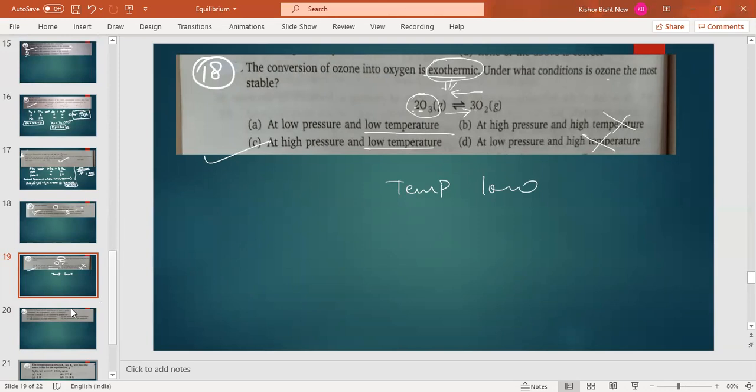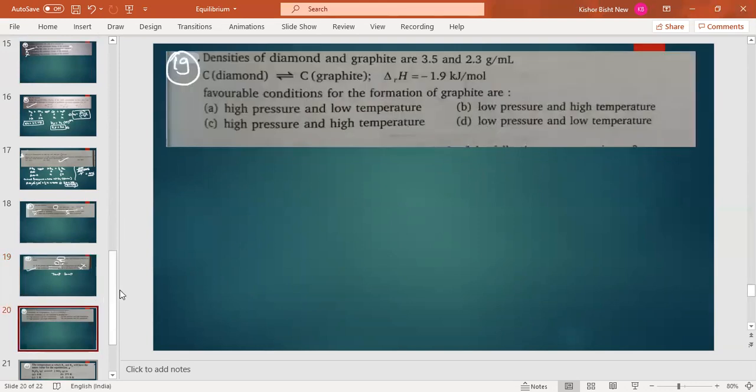You understand, all of you? Now come to the next. Densities of the diamond and graphite are given. First thing here, delta H value is negative. Delta H negative means exothermic, so we need a low temperature.